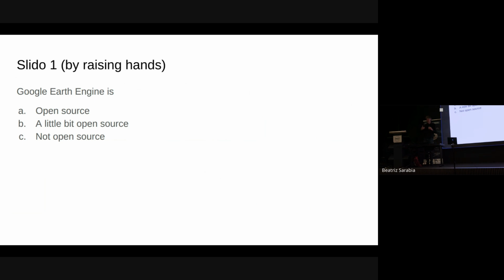But the actual processes that happen, you cannot get to the source code of. You cannot put it somewhere else, you cannot get it, you cannot read it, you cannot install it somewhere else. You cannot run Google Earth Engine on another computer.